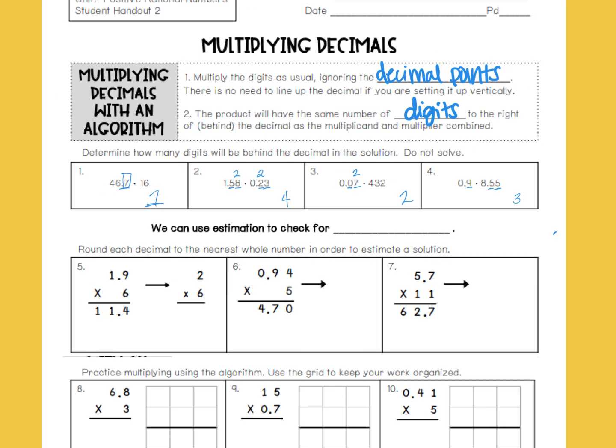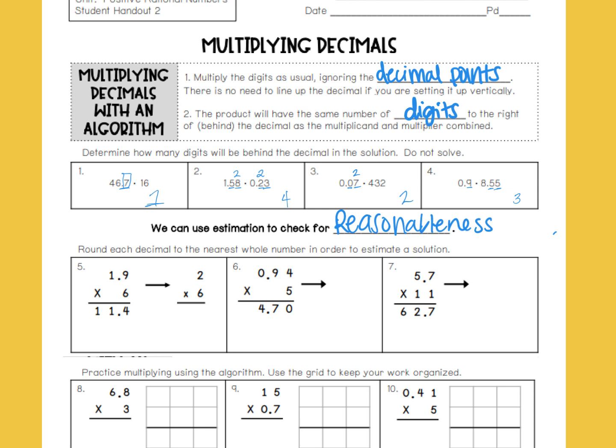So the next thing we want to do is use estimation to check for reasonableness. In problem number 5, we are going to round each decimal to the nearest whole number in order to estimate a solution.